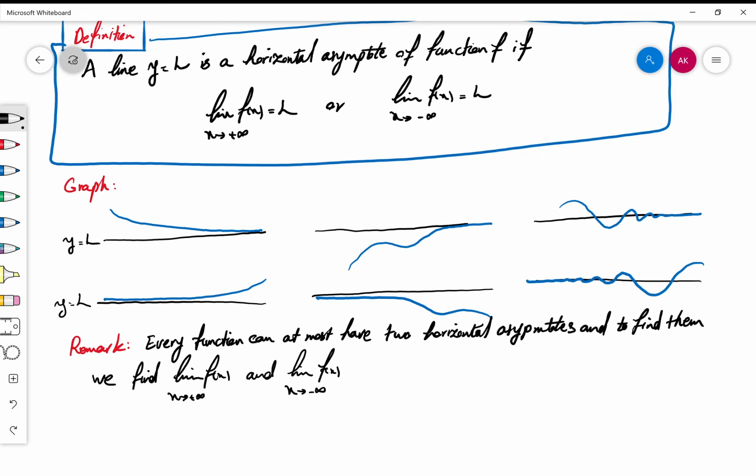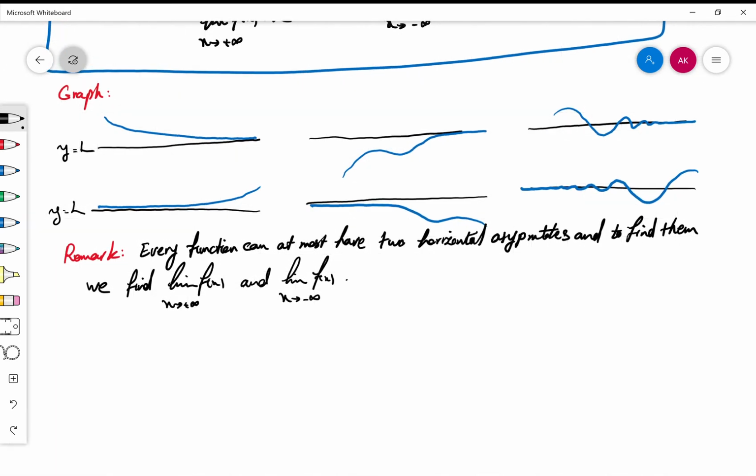If it is a number, then y equal to that number gives us the horizontal asymptote.